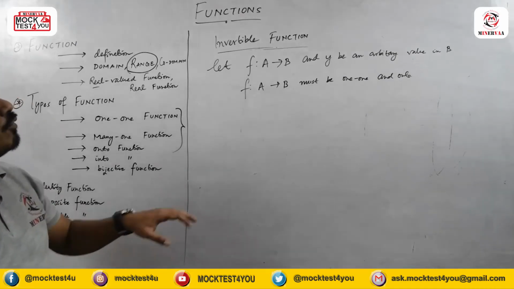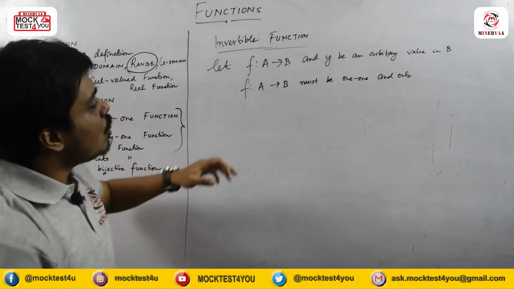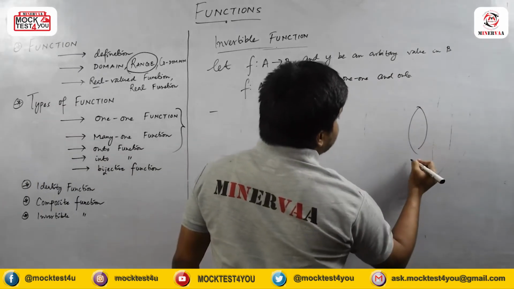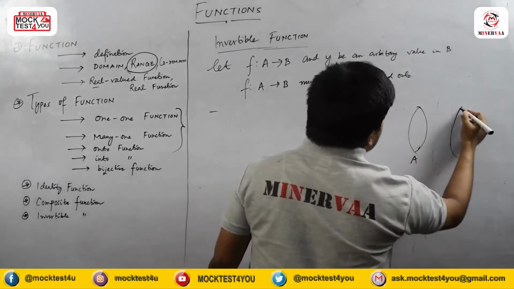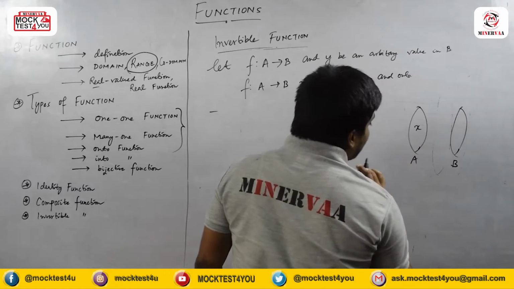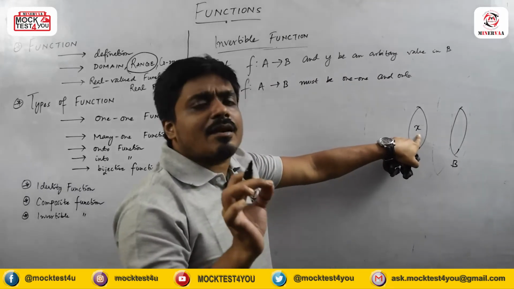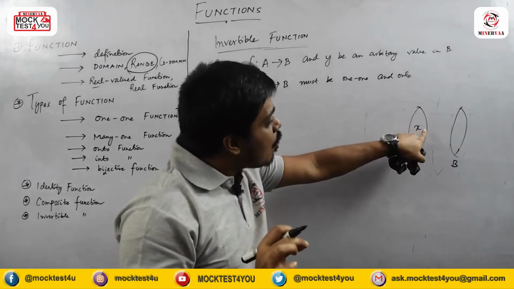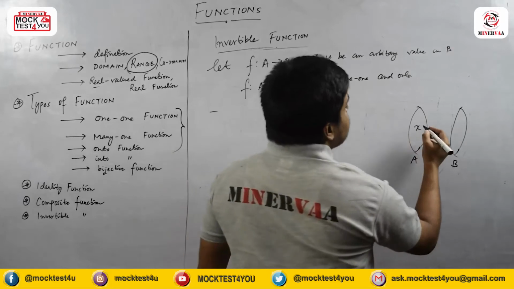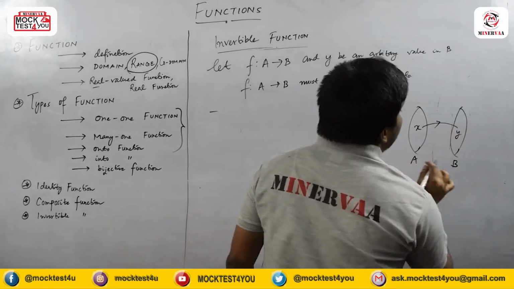Now it's an arbitrary value, so let there exist any one particular value x such that it will be mapped with y in b.